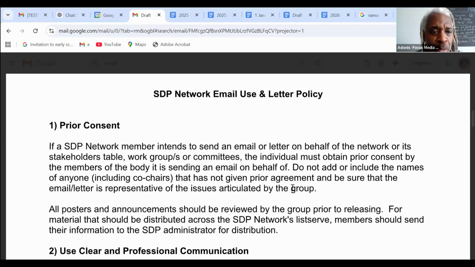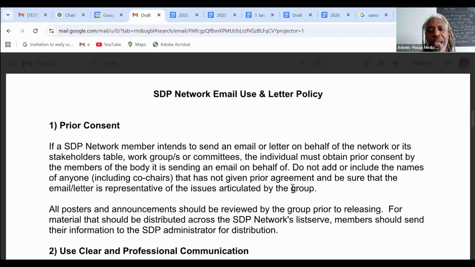The first part of this is called prior consent. If an SDP network member intends to send an email or letter on behalf of the network or its stakeholders table, work groups, or committees, the individual must obtain prior consent by the members of the body it is sending an email on behalf of.